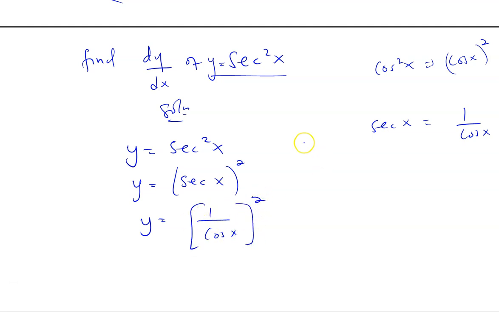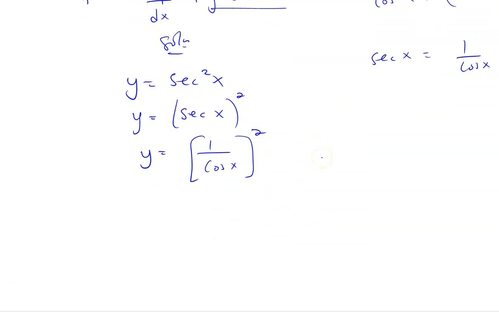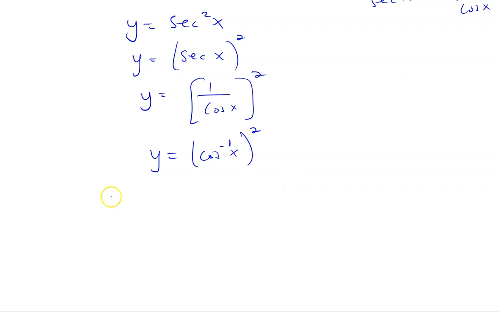You agree? Yes. And if you want to make the cos x the numerator, we can say that y equal to cos x with exponent negative 1, all squared. And this is the same as y equal to cos x to the power of negative 2.